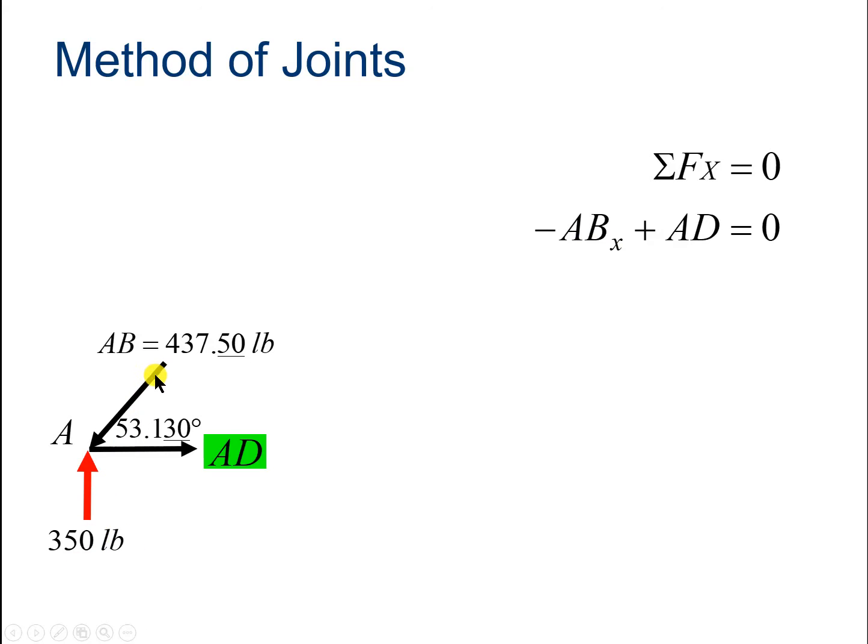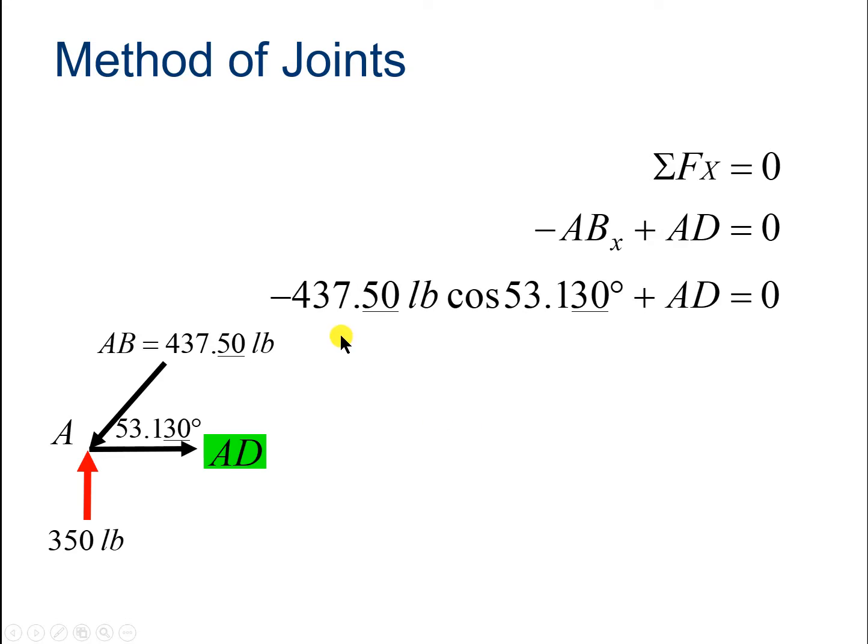There is an x component to this one since it's coming out at a diagonal, plus AD. We don't need any trig function there because AD is all in the x direction. And ABX, you need to convince yourself, is minus 237.5 times the cosine of 53.13 degrees. This is the basic trig that is needed to do this analysis.